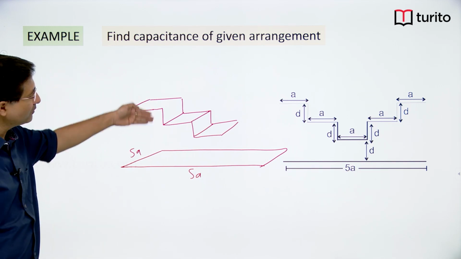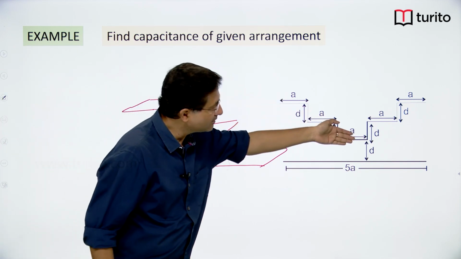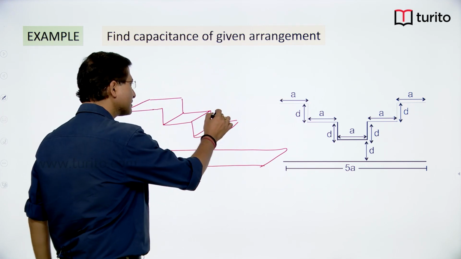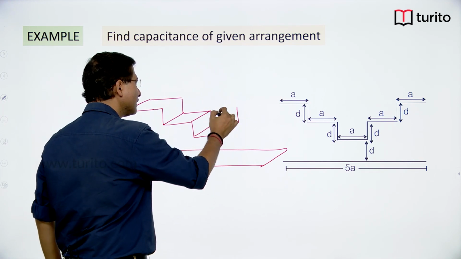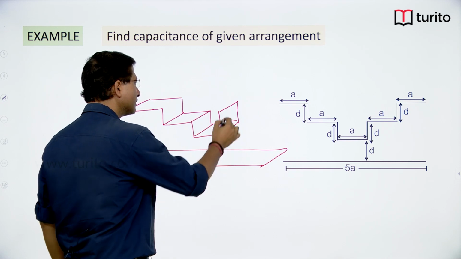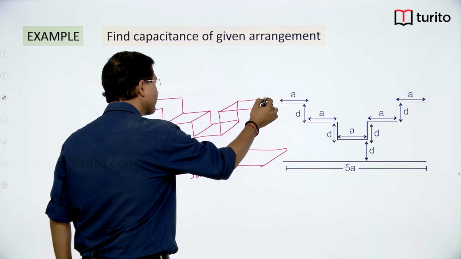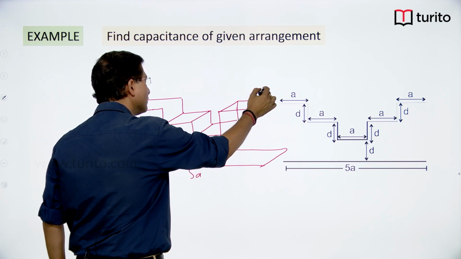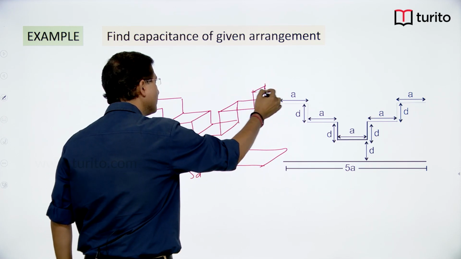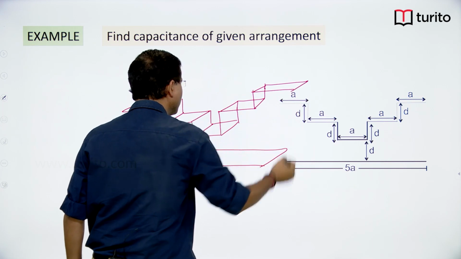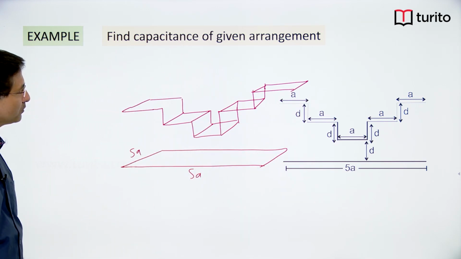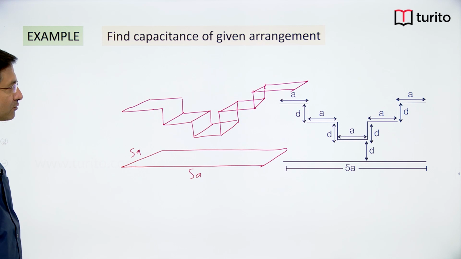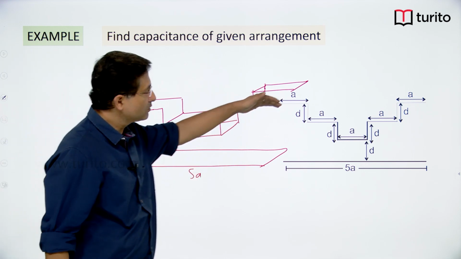So this is the way this side is there, right, and the same on the other side. Now, I hope this 3 dimensional diagram is giving you some clarity on how the situation is.